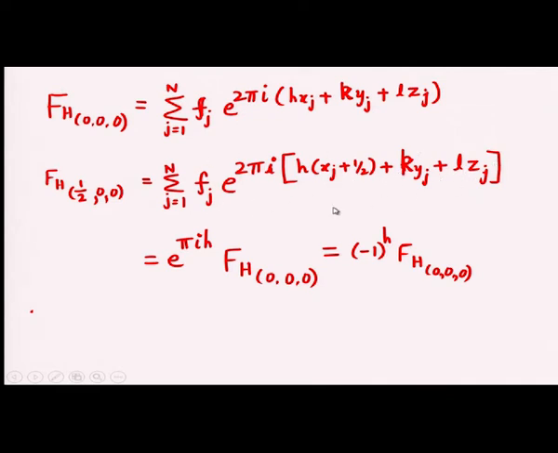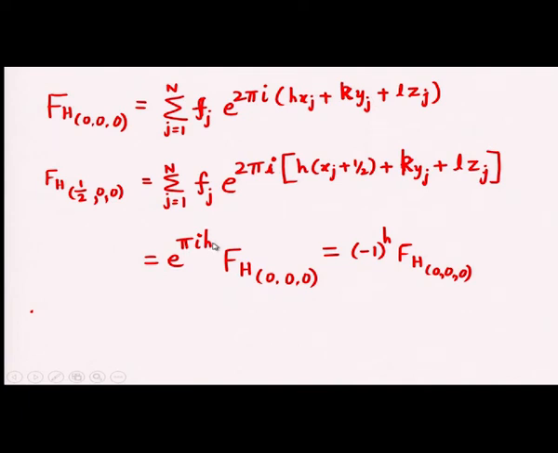So, the entire thing now becomes e^(2 pi i (h x_j + k y_j + l z_j)). Since this e^(pi i h) does not depend on j, the summation index, I can take it outside. So, this result is nothing but e^(pi i h) multiplied by this result, which is the same as F(h, 0, 0, 0).